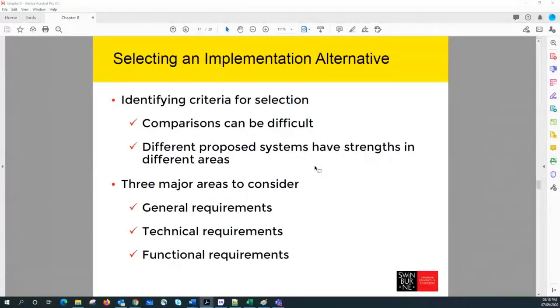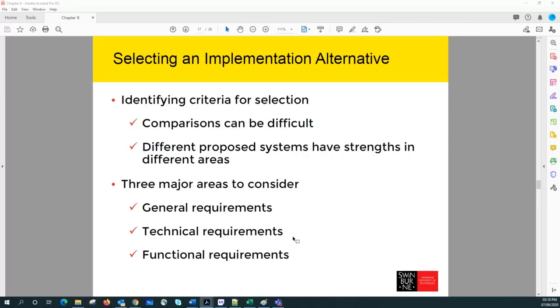So we need a more proper mechanism to evaluate these implementation alternatives in our systems, right?